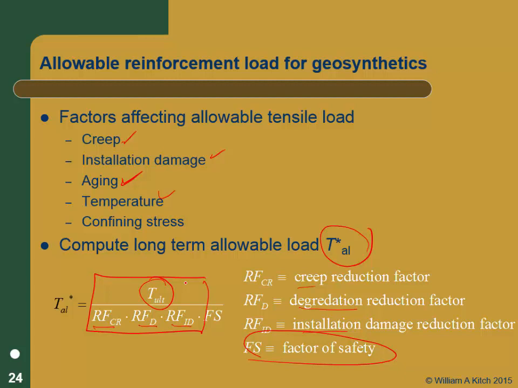All those other ones have to do with behaviors that we know are going to be potential issues with the polymers. So there's a lot of factors of safety here. In fact, you'll find out that you end up using a very small fraction of the ultimate rupture capacity of these plastics, which is why it's a good thing they're cheap. If this was steel, we would never use it. Which, by the way, is why steel is competitive.